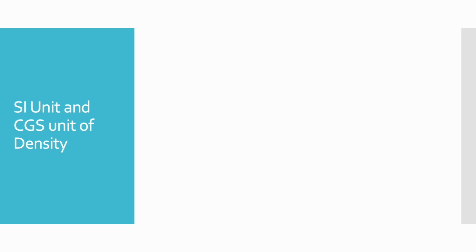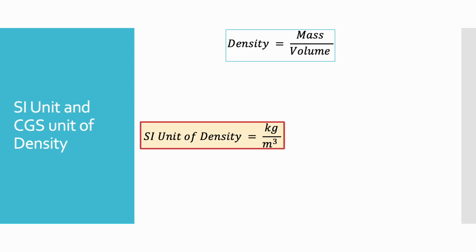Now that we understand the formula, let's talk about units. In science, we use standard units for measurement. And when it comes to density, there are two commonly used systems: the SI unit, which is used in most of the world, and in physics, it's kilogram per cubic meter.